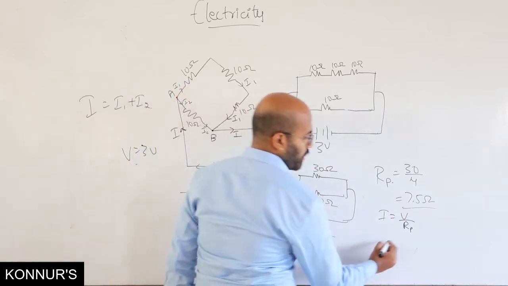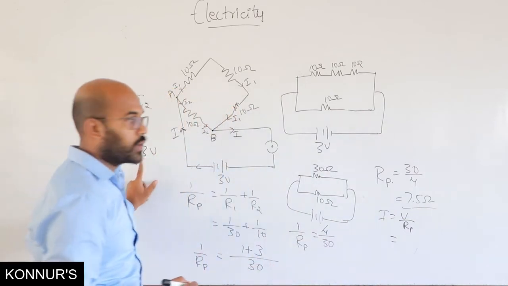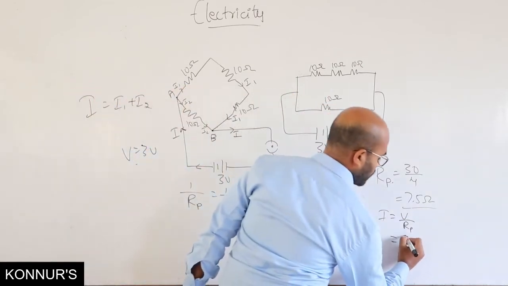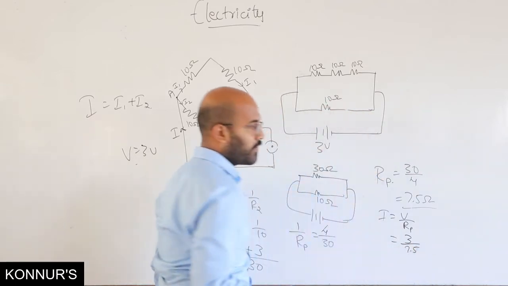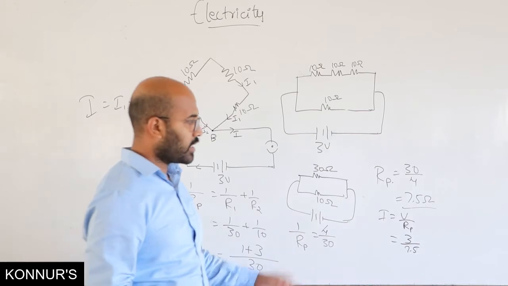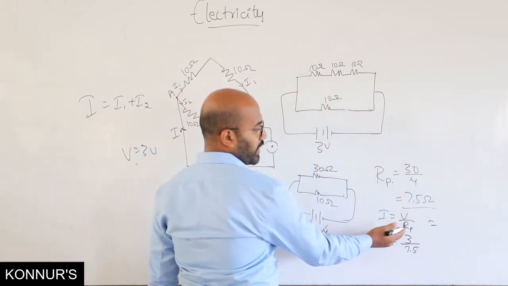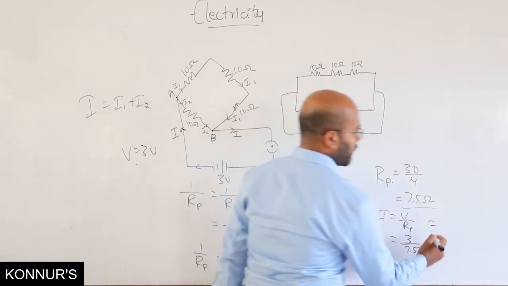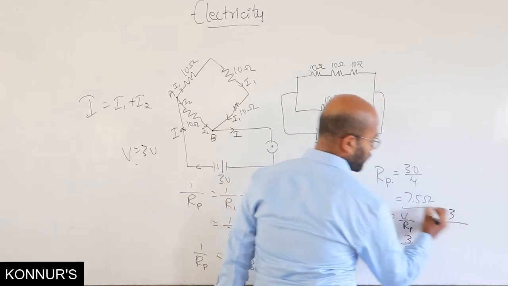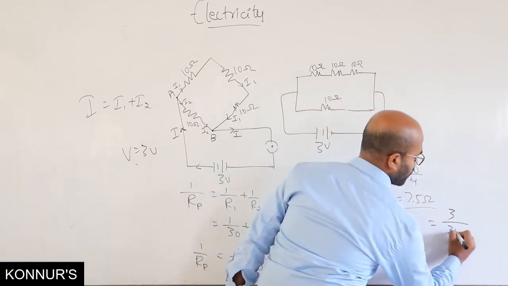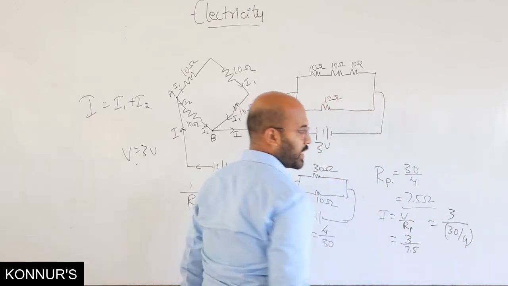So V is 3 volt. So 3 by 7.5. For easy simplification, instead of writing Rp as 7.5, you can write Rp as 30 by 4. 4 goes to the numerator.